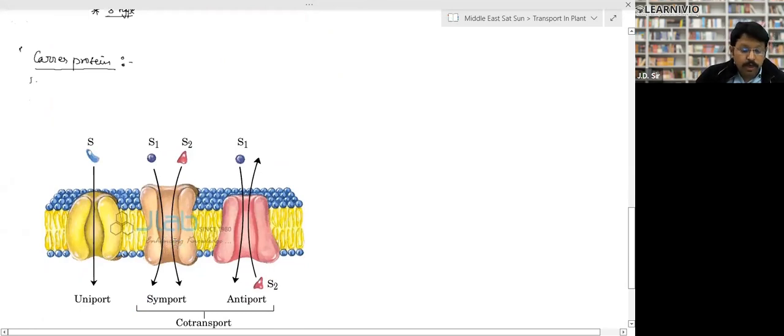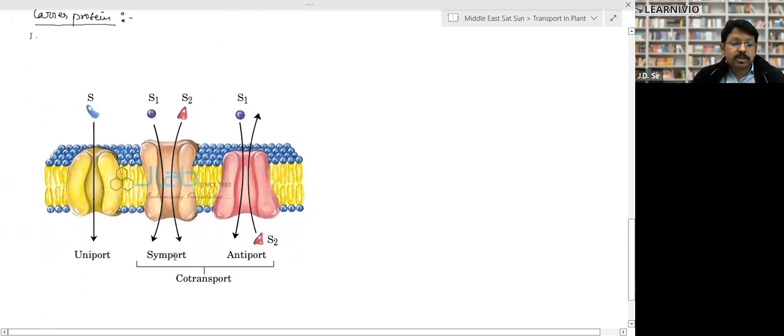So there are two types. When they transport two substances simultaneously, they are called co-transport. And when they transport only a single substance, a single molecule, they are called uniport. In co-transport, they are transferring two substances simultaneously.